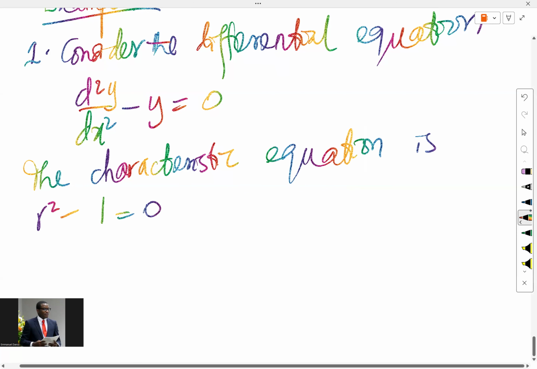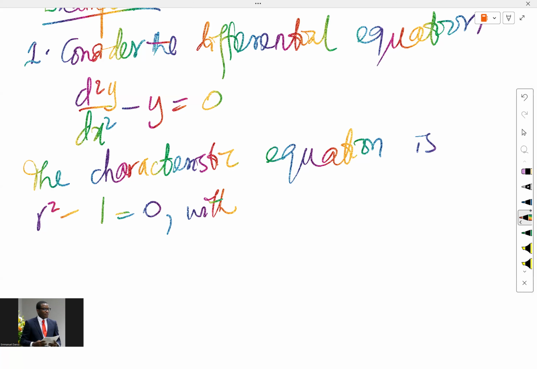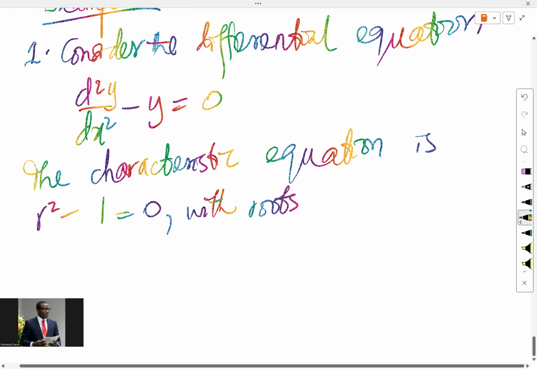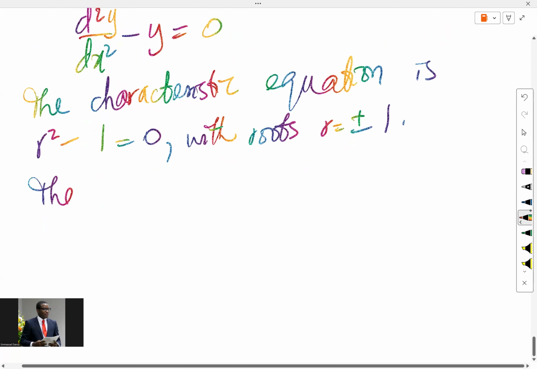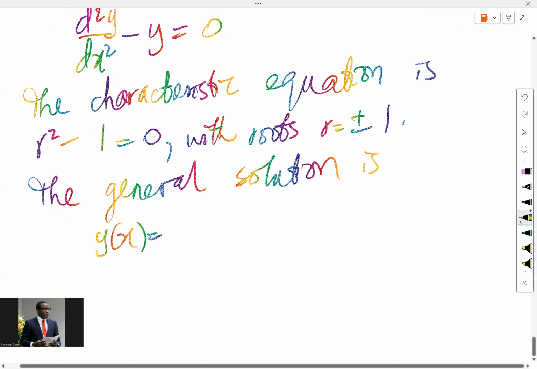So that means if you find r here, based on this, r minus 1 into r plus 1 equals 0. So it will give us roots. The roots will be r equals plus or minus 1. So the general solution would be y of x equals c1 e raised power x plus c2 e raised power minus x.